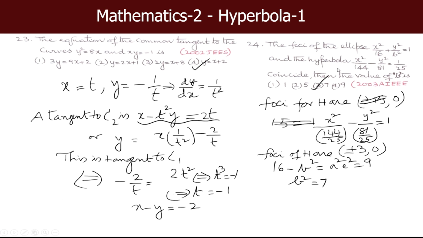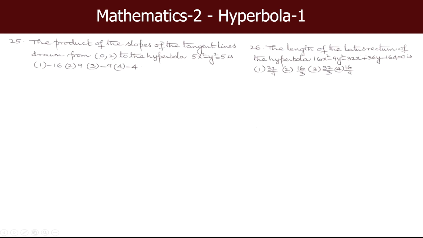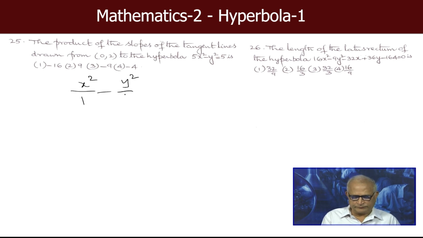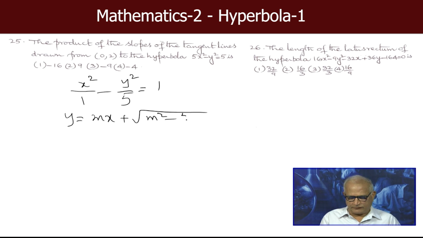So, that is 7. Next, the product of the slopes of the tangents drawn from 0, 2 to the hyperbola 5x square minus y square equal to 5. Well, this is x square by 1 minus y square by 5 equal to 1. Tangent in slope form: y equal to mx plus or minus root of a square m square minus b square.